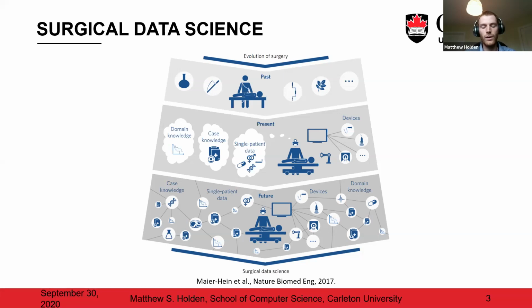And so the goal is to alleviate some of that burden that is placed on surgeons and use computer assistance and other data-driven approaches in order to facilitate this understanding of information for our surgeons and help them better effectuate the surgery using the devices that are available to them. And so this is the vision for surgical data science.